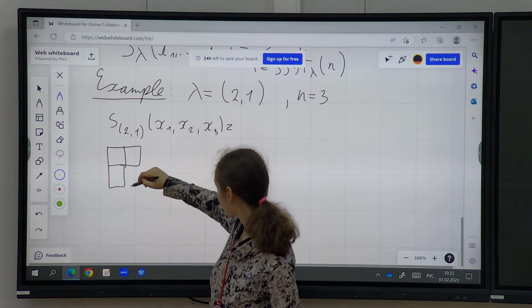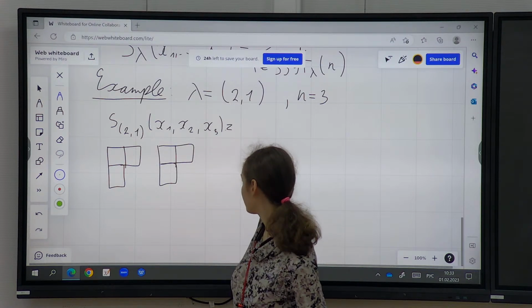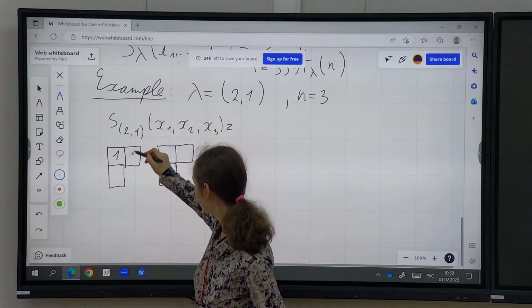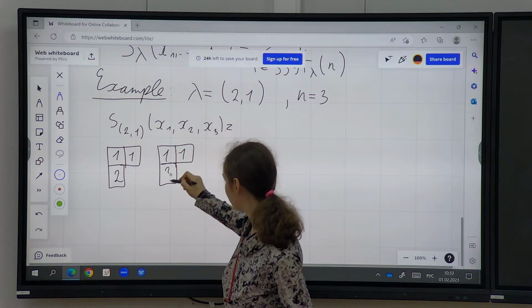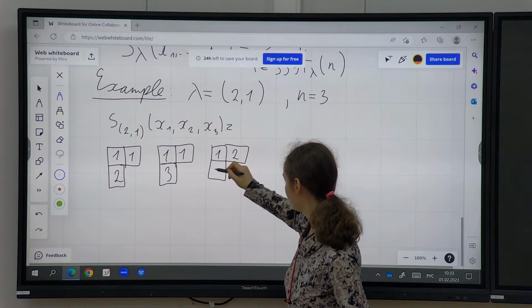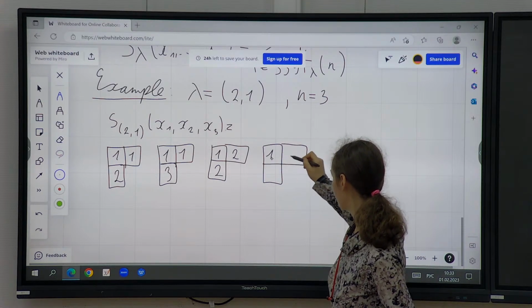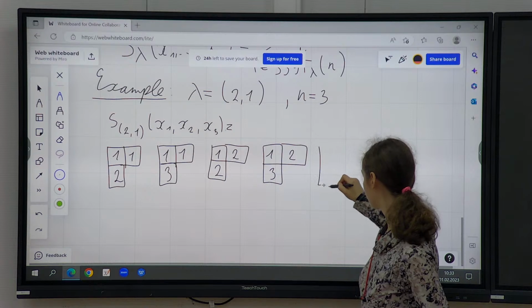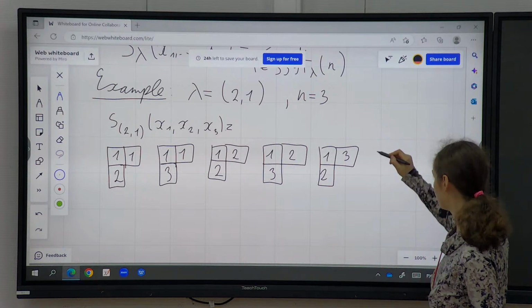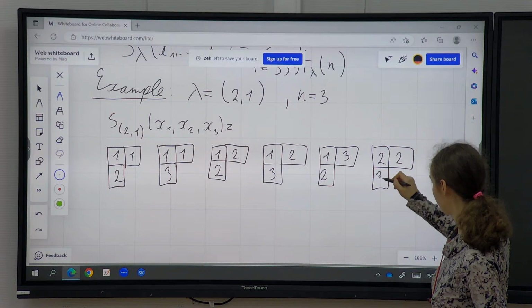So how can we fill these Young tableaus with 1s, 2s, and 3s? 1, 1, 2, 1, 1, 3, 1, 2, 2. 1, 2, 3. 1, 3, 2. 2, 2, 3.